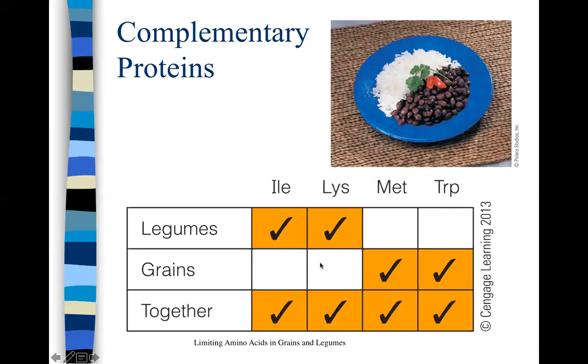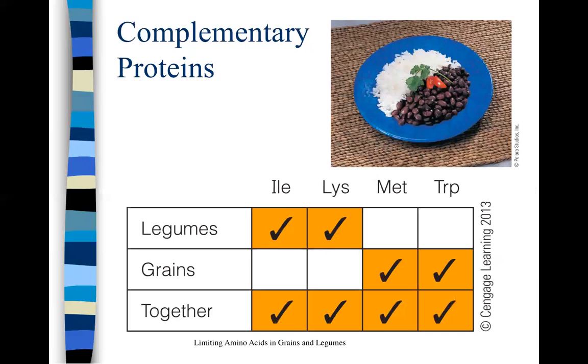Grains, on the other hand, have limiting amounts of ILE, which is isoleucine, and LYS, which is lysine, both also essential amino acids. However, when you eat grains and beans together, you're going to get the essential amino acids that the other product was missing.